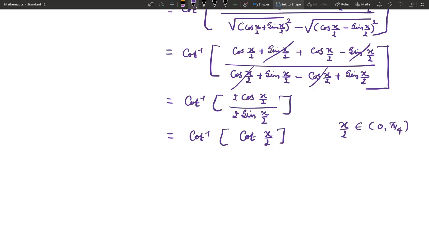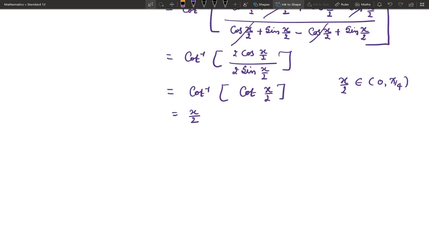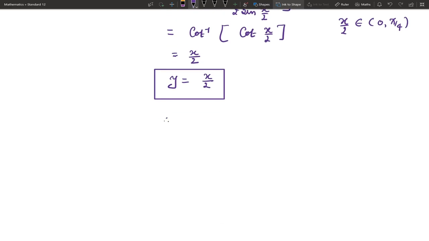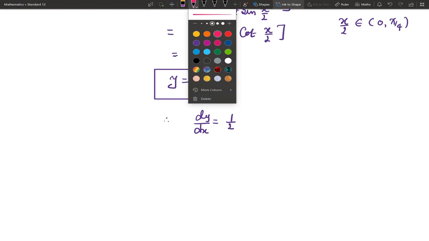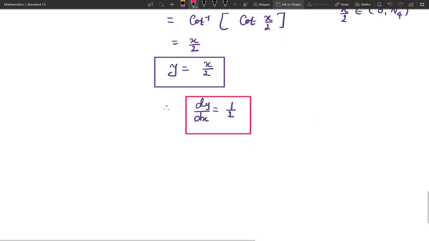So this can be written as x by 2. By simplification we have obtained that y is nothing but x by 2. Now differentiate y with respect to x. Derivative of y with respect to x: 1/2 is constant and d by dx of x is 1. So the answer is dy by dx equal to 1/2.